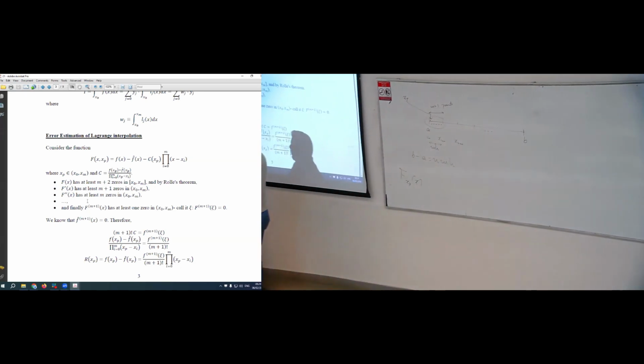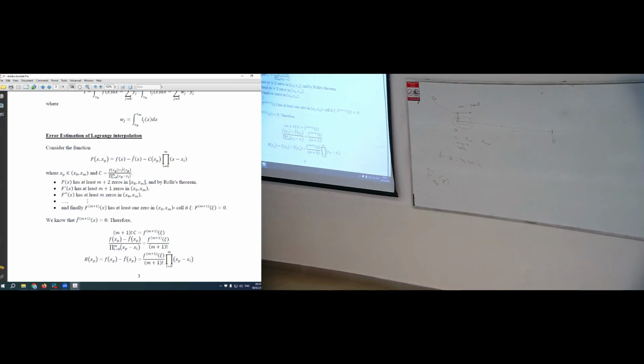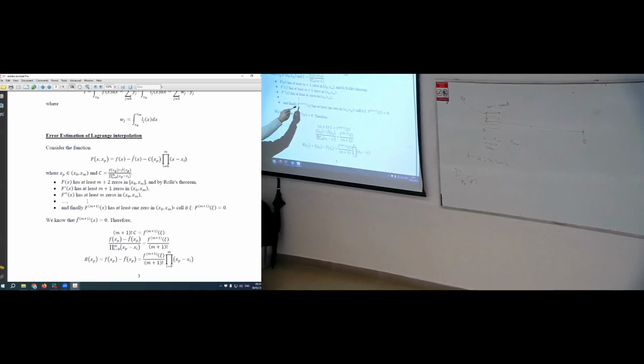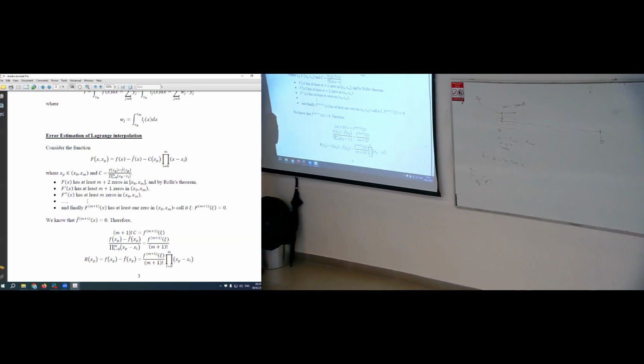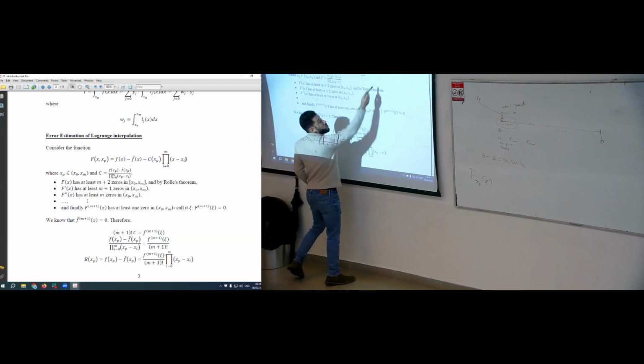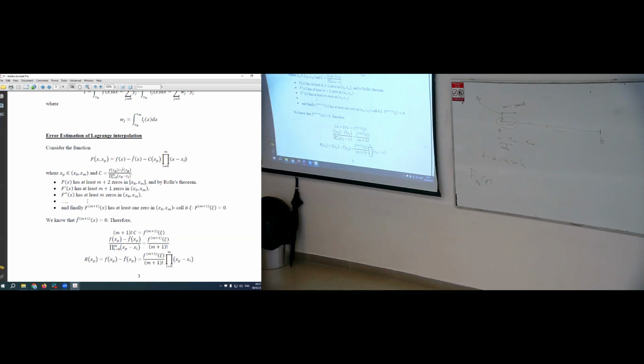And I know now that there is some xi at which the m plus 1 derivative of f is 0. Now, what's the m plus 1 derivative of this function?